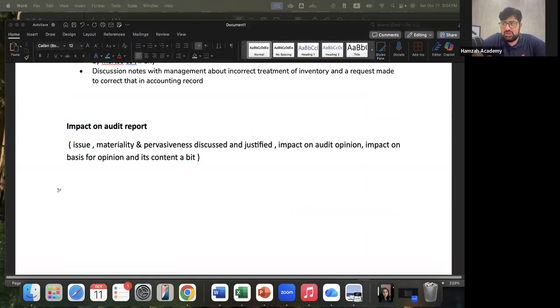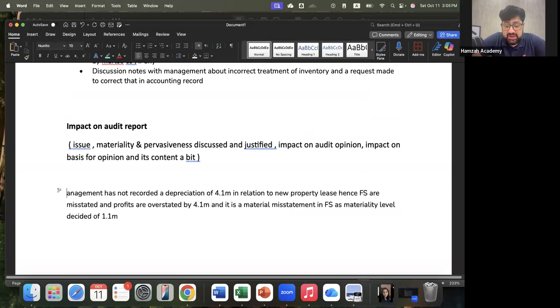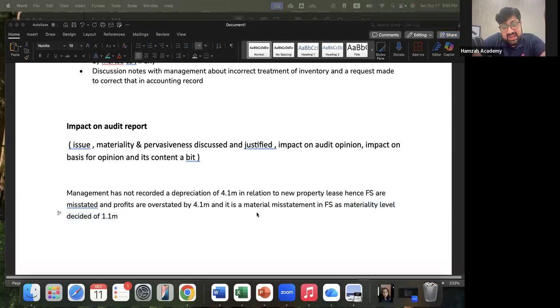First of all, the issue and materiality. Marlos has not recorded a depreciation of 4.1 million. Hence, financial statements are overstated, misstated, and profits are overstated by 4.1 million. It is a material misstatement as the materiality level decided is 1.1 million. So materiality is justified by this line. Now, why it is not pervasive or why it is pervasive, we need to explain.